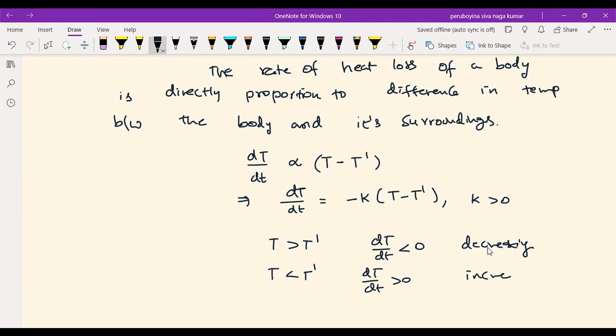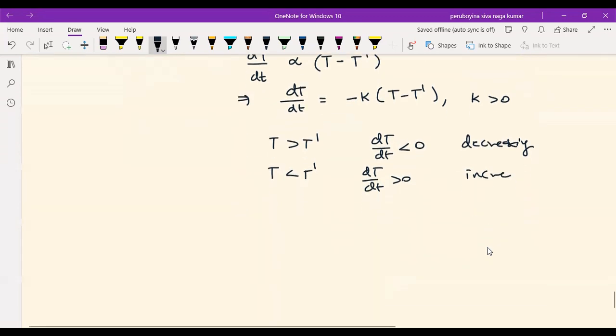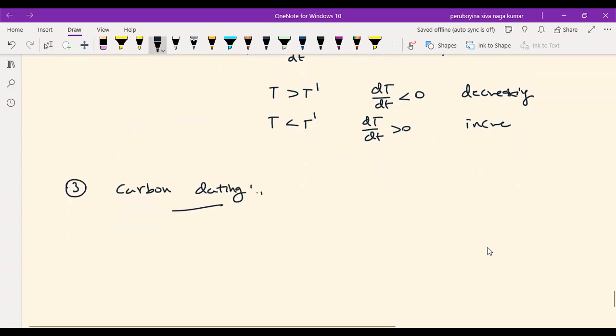And one more interesting application of differential equations is the third application, carbon dating. This is also known as radiocarbon dating. Carbon dating, so C14, the operation will be conducted on C14.